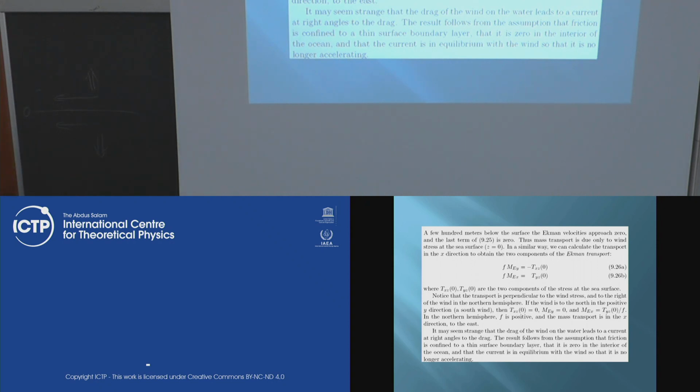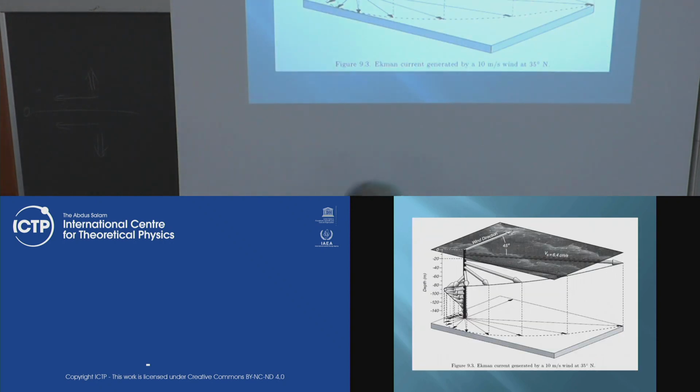We have a steady-state flow, not a time-dependent flow. This is the most important result, and we will be using the Ekman transport very much in considering convergence, divergence, formation of eddies in the ocean and so forth.